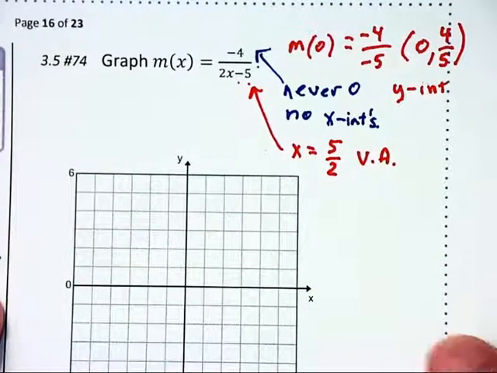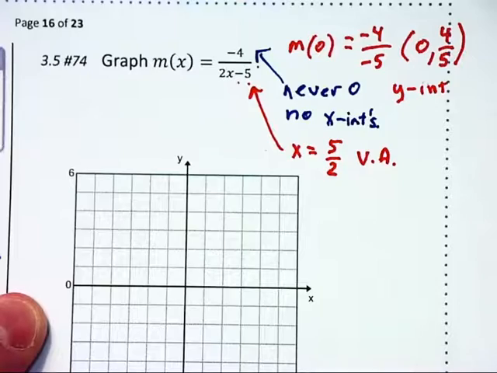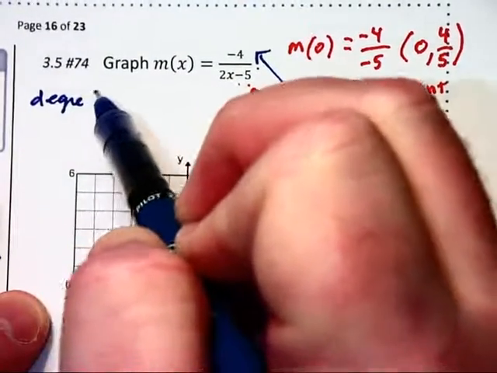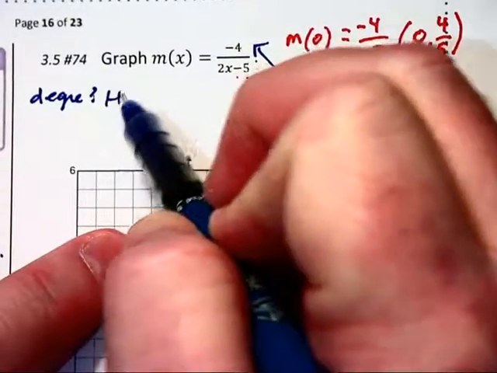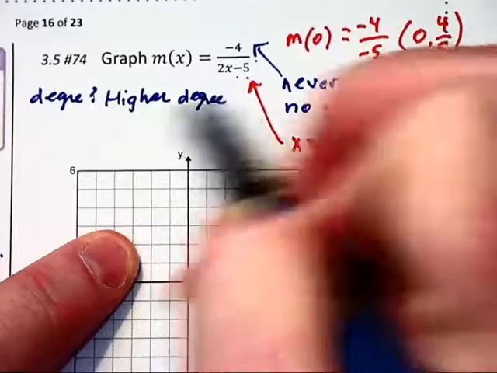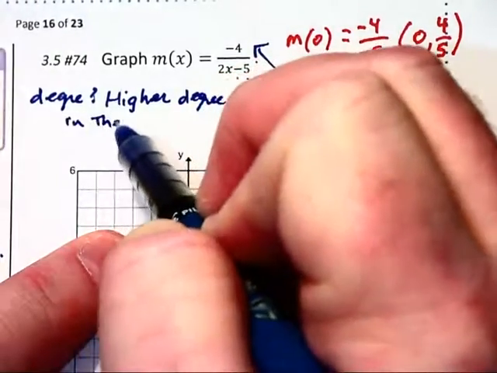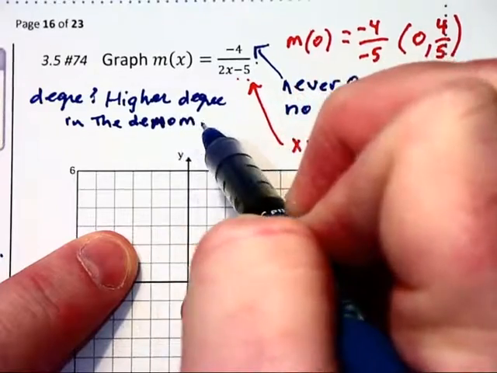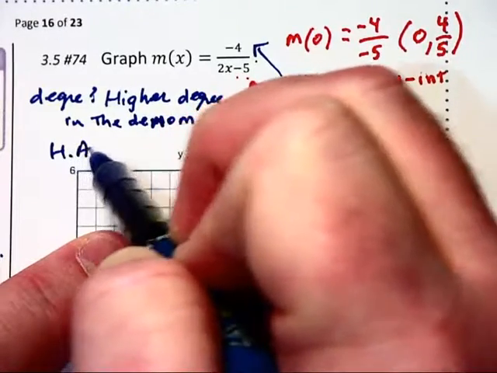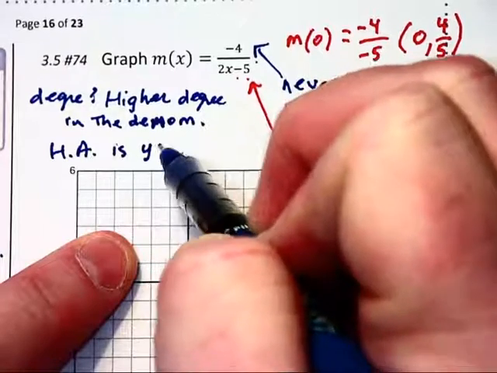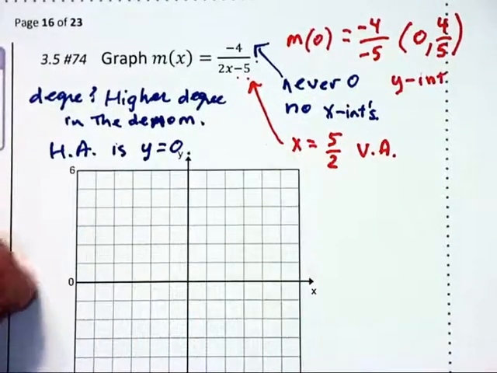I then look at the degree of the numerator and the denominator, and it's got a higher degree in the denominator, and that tells us that the horizontal asymptote is the x-axis, also known as y equals 0.